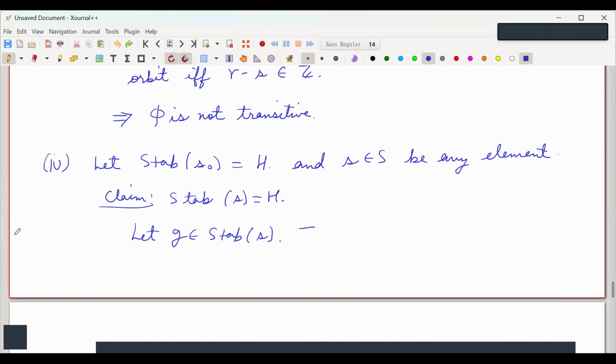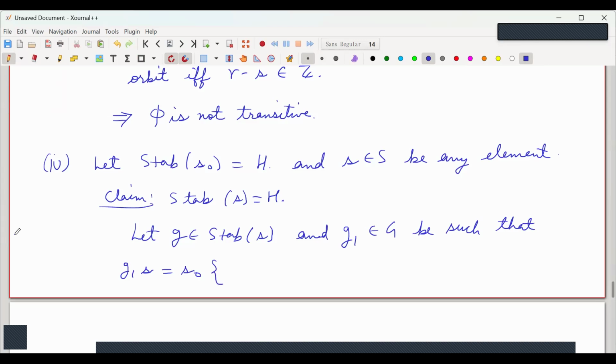But we can use the transitivity here. Let g1 belong to G be such that g1 of s is equal to S naught.